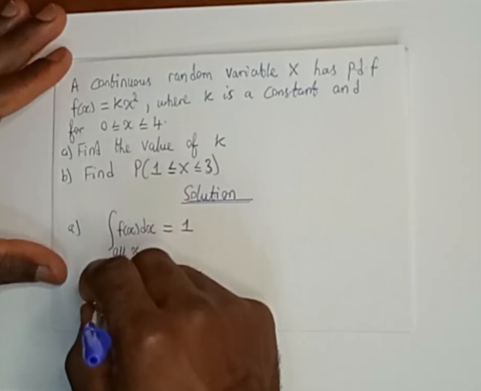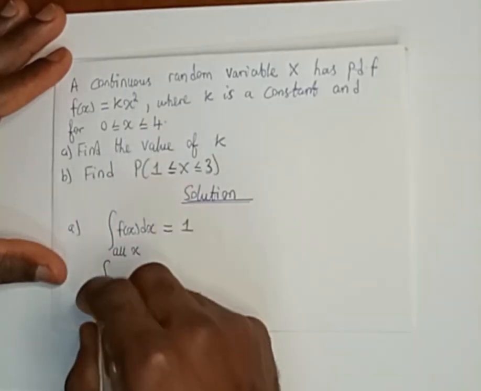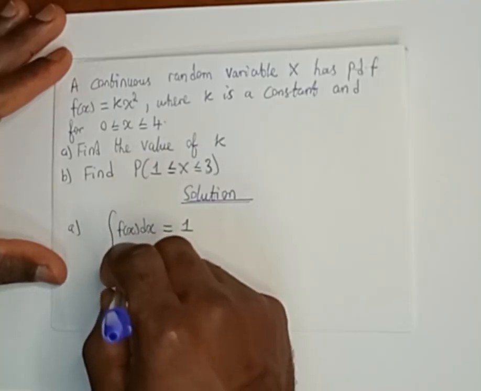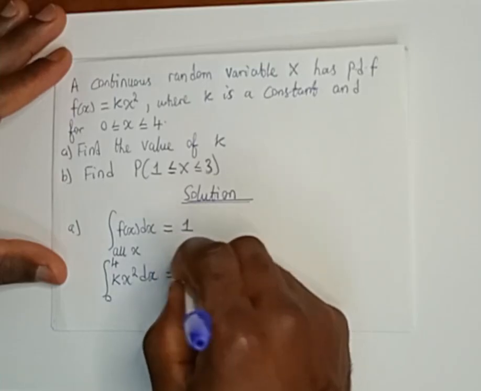This simply means if you take the integral for all x, or all x is from 0 to 4, of our PDF, which is k x squared dx, this must be equal to 1.